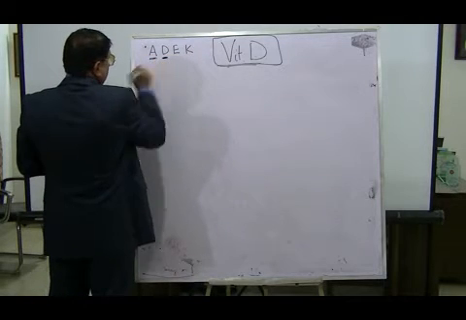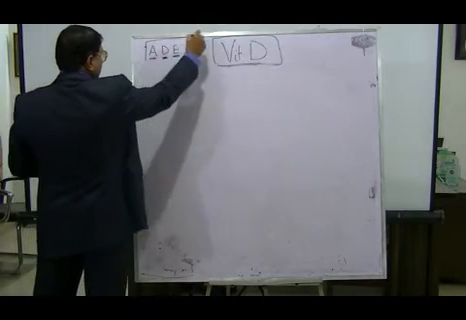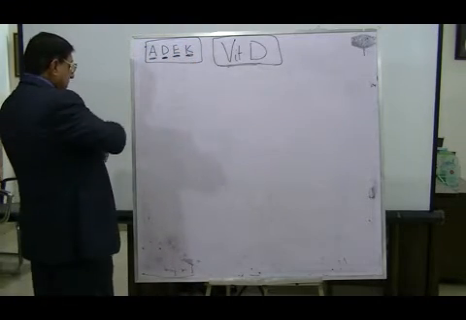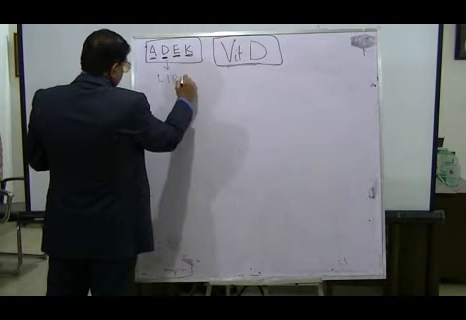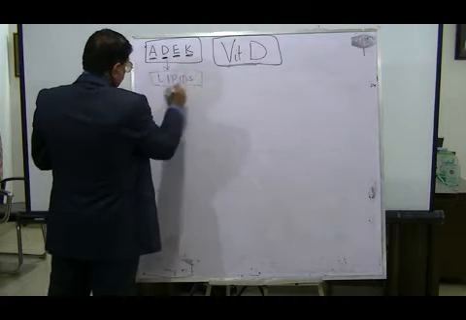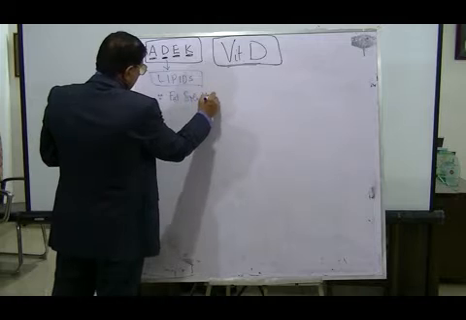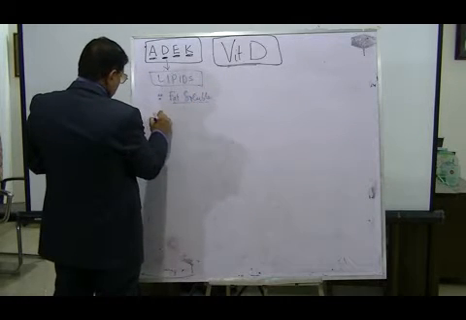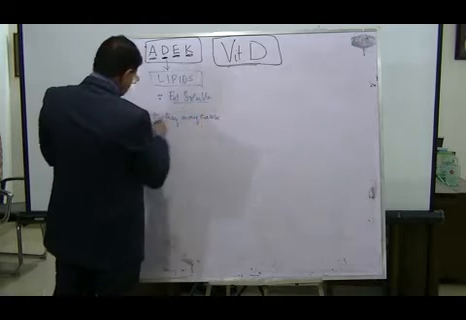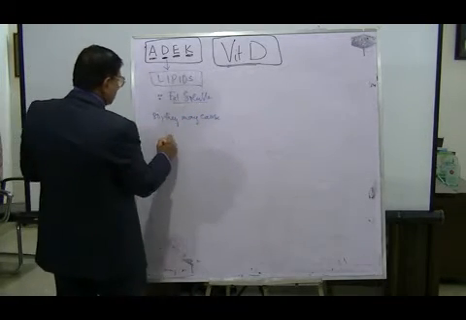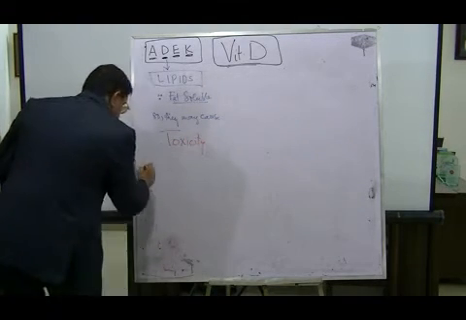Today we are going to do D, then E and then K. They are a component of your lipids because they are fat soluble, and because they are fat soluble, they may cause toxicity if taken in excess.